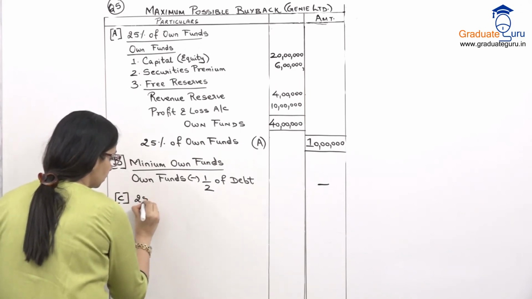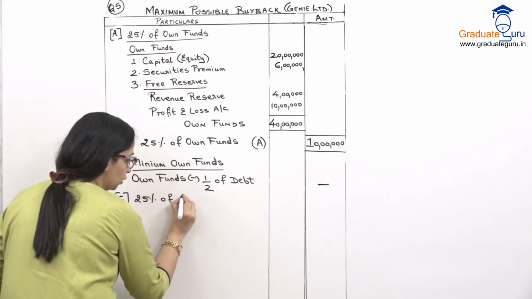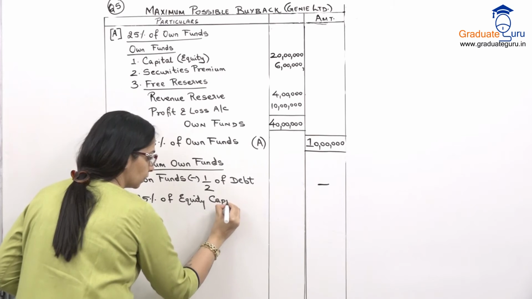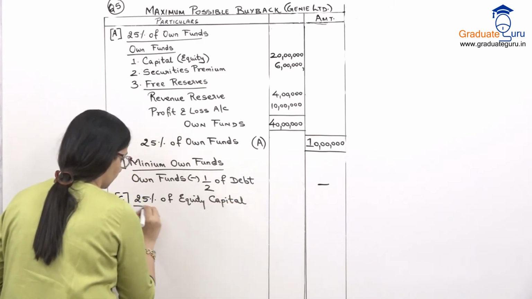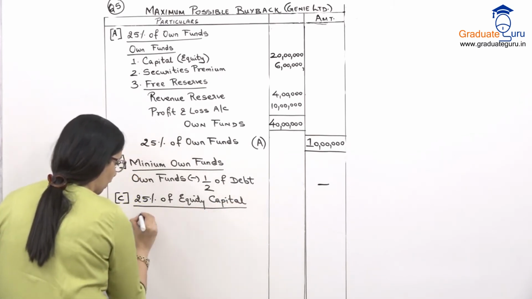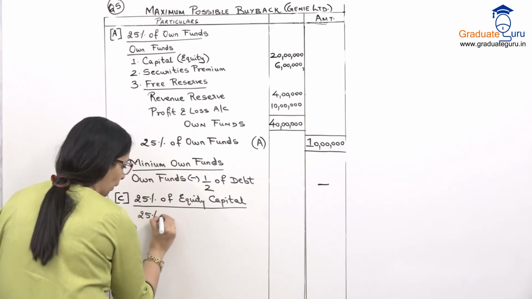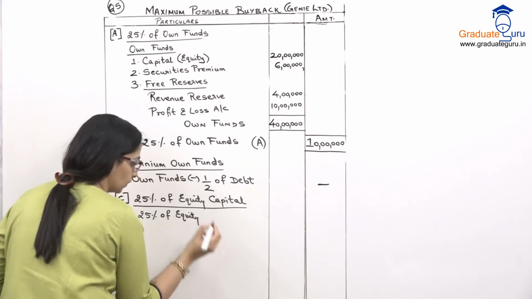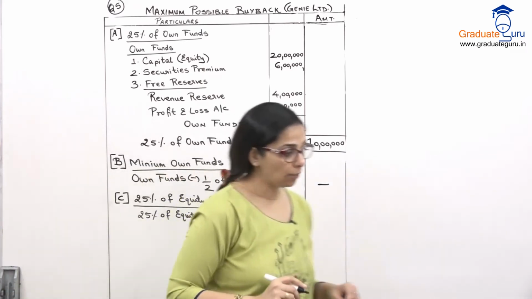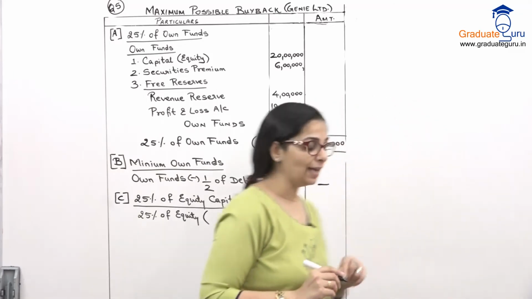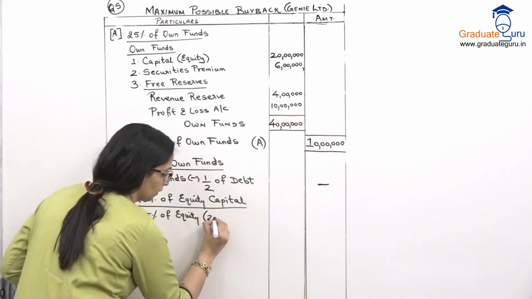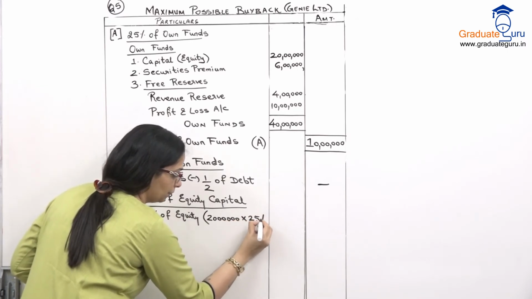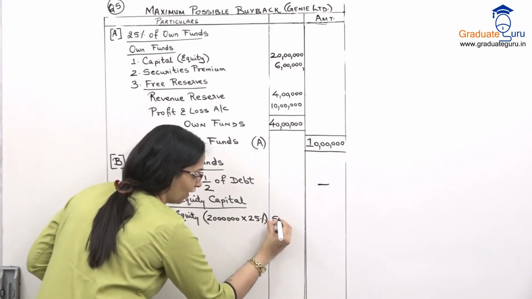Part C is 25% of equity capital. So first we calculate 25% of equity, which is, how much is my equity? 20 lakhs into 25%, which gives me 5 lakhs.